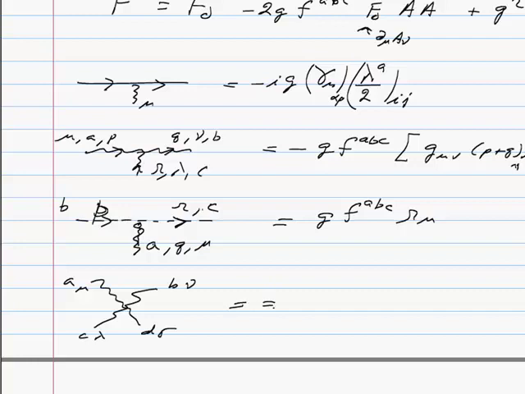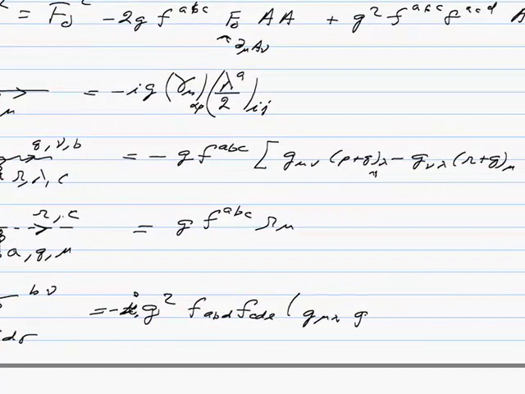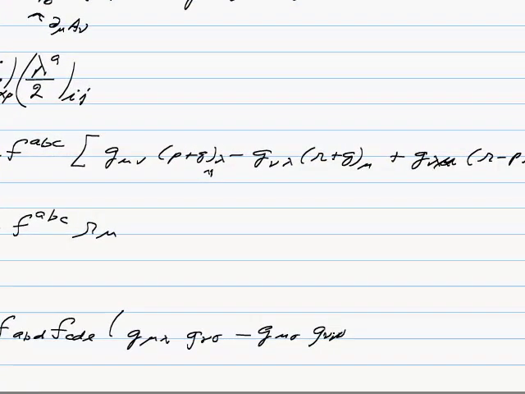Quartic coupling, it's minus i g squared f A B E f C D E (g mu lambda g nu sigma minus g mu sigma g nu lambda) plus permutations.